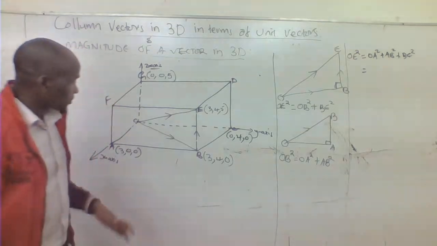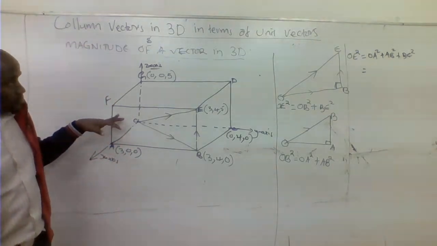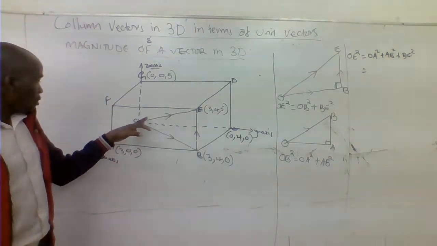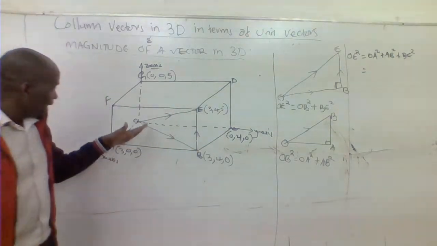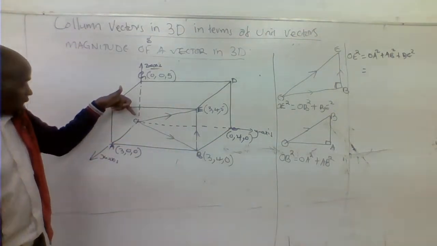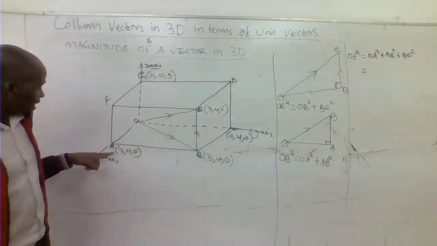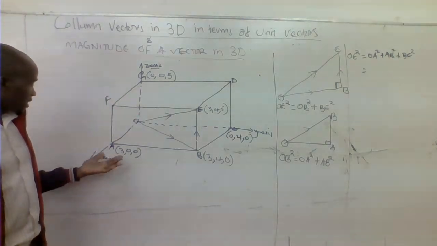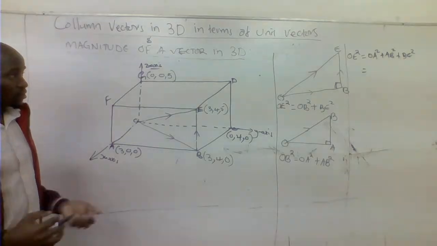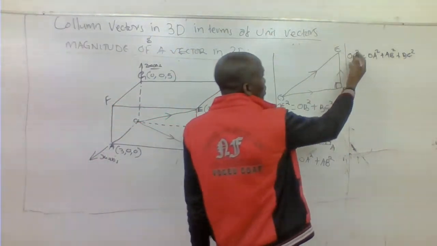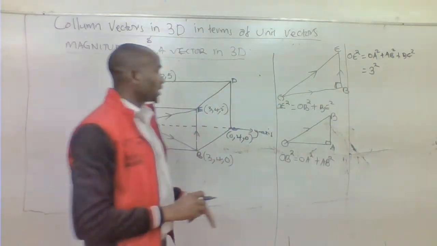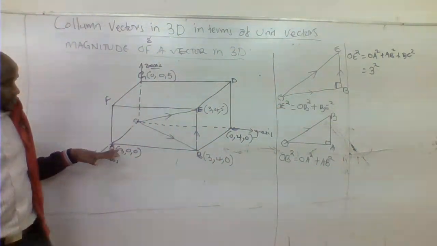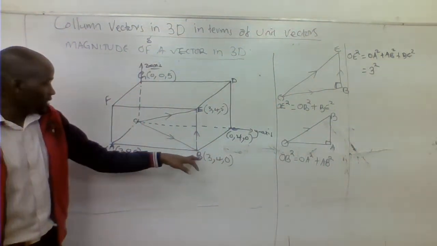Now in our case, what is OA? OA is the displacement along the x-axis, and from the origin to point A is 3 units. So we can have OE squared as 3 squared for OA squared. Then we have AB.